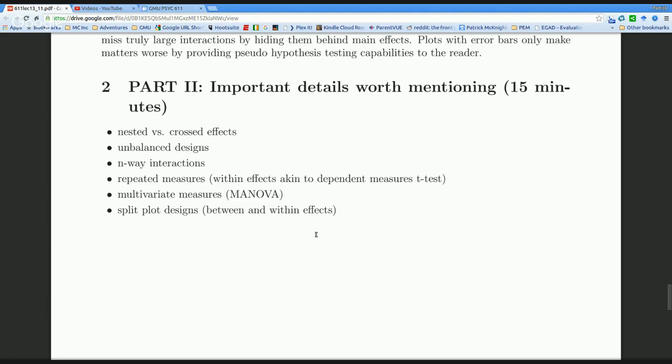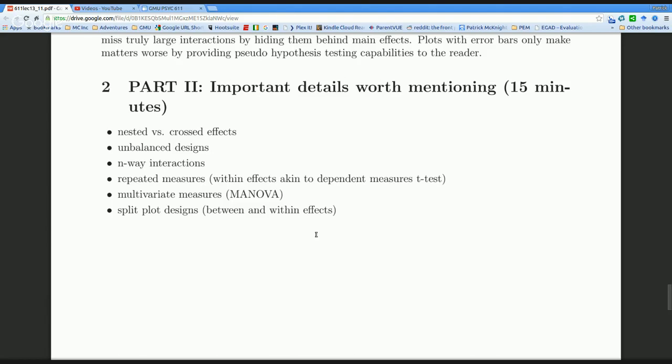They pose a problem because for every interaction that we expand upon, we have to residualize out the main effects as well as the previous interactions. That's just the way these interactions get tested.